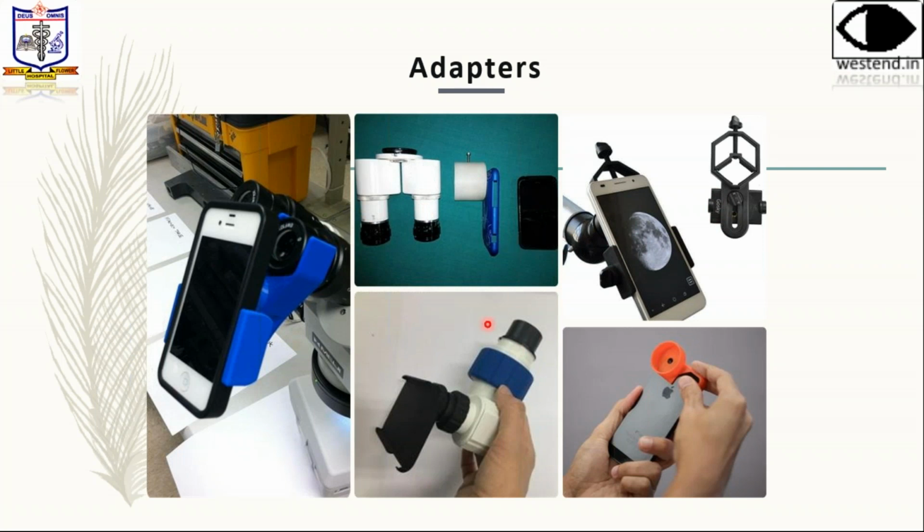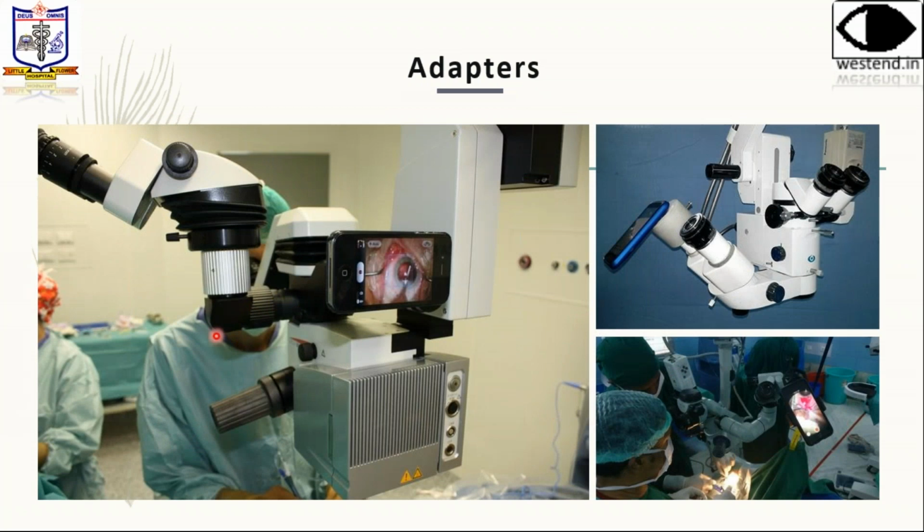So instead of that, if you have a beam splitter based version, which can be inserted into the beam splitter as a C mount, and the smartphone camera is fixed here, you can record while you're doing a procedure in stereopsis. And this is a surgery being recorded, and this is feasible if you have an observer scope.